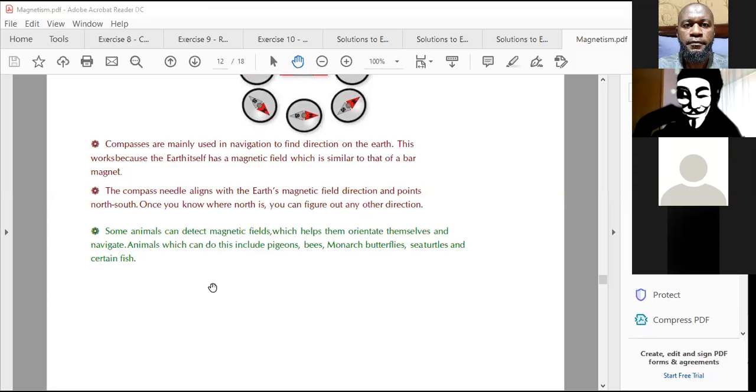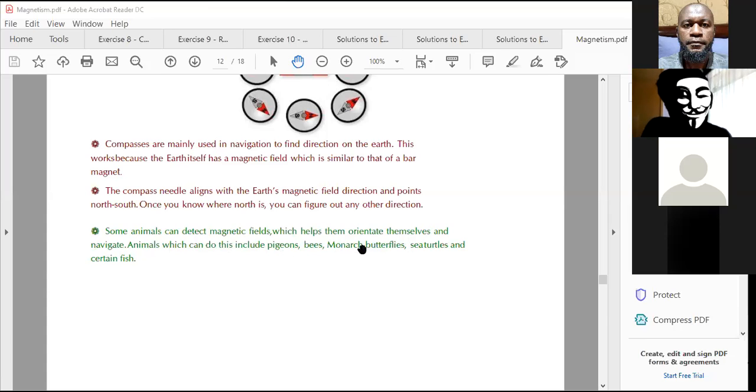But how do they find direction? It's postulated that on their beaks there's some magnetic field which is able to give them direction, just like a compass. Animals which can do this include pigeons, bees, monarch butterflies, sea turtles, and certain fish.